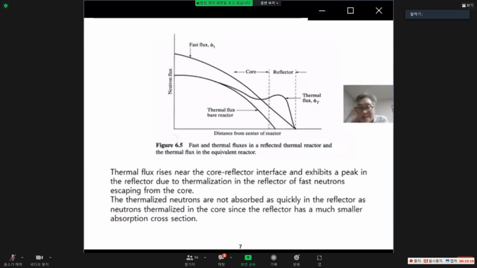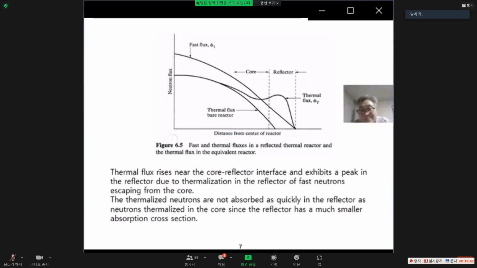Second thing, let's compare the thermal flux for the bare reactor and the thermal flux for the reflected reactor. We have a hump in the thermal flux in the reflector region, because the number of neutrons increases due to backscattered neutrons.